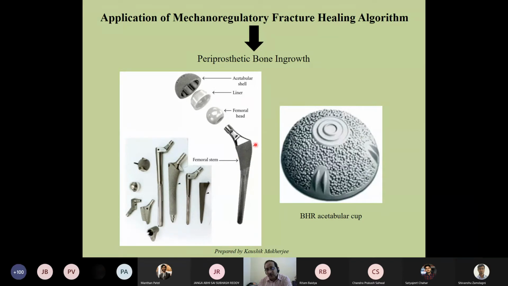So sufficient bone ingrowth, say within a femoral stem or acetabular cup, is vital for the outcome of the reconstructive surgery.